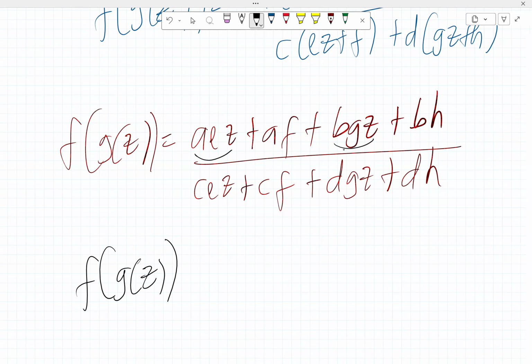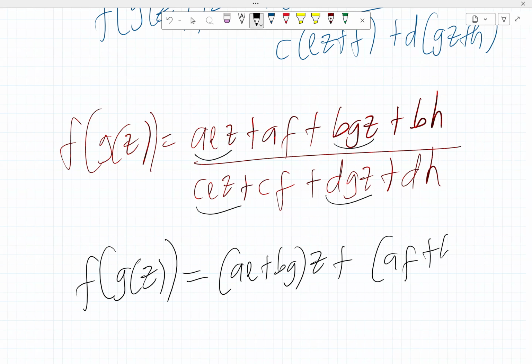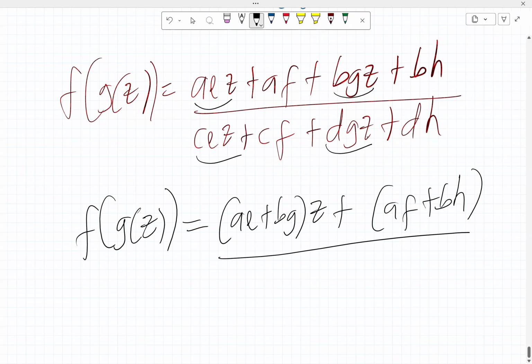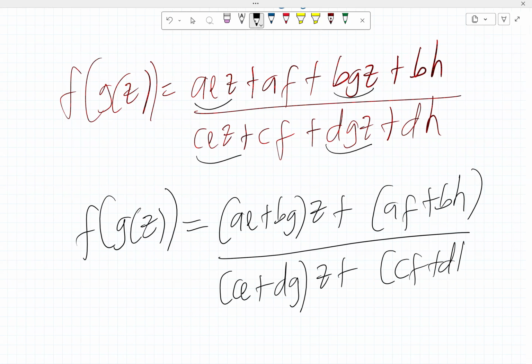We can collect everything that has Z. AE plus BG, they both have Z, plus the other side that doesn't have Z, AF plus BH, all over down here, CEZ and DGZ have Z, so we have CE plus DG that have Z, plus CF plus DH that doesn't have Z.